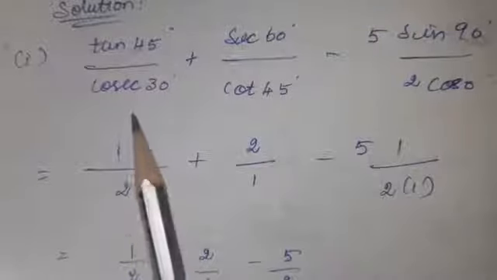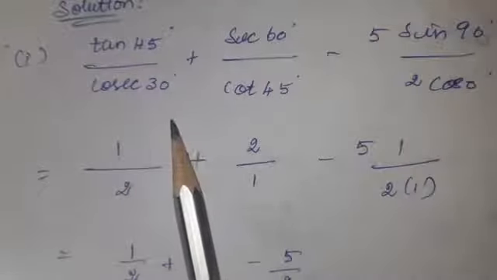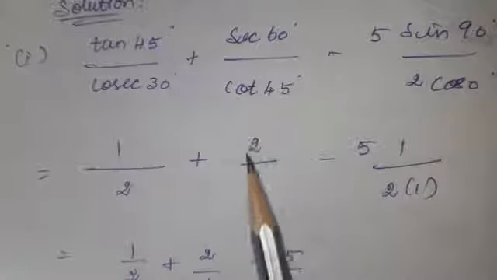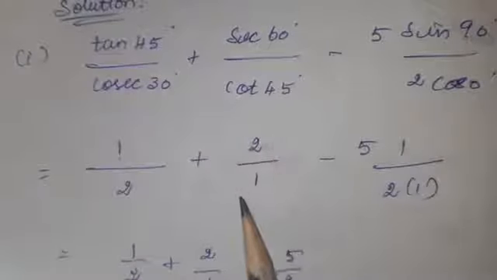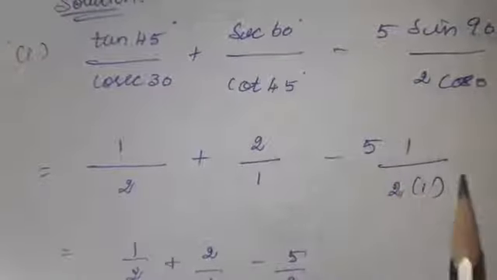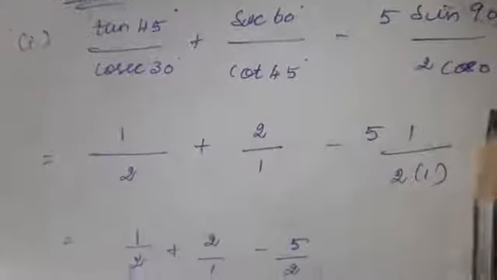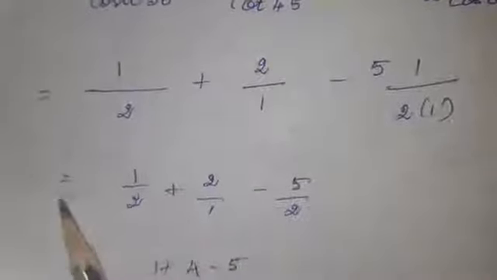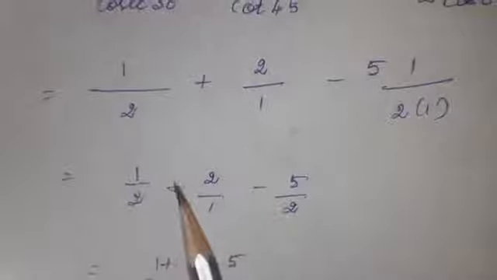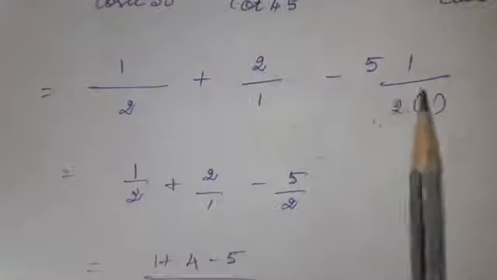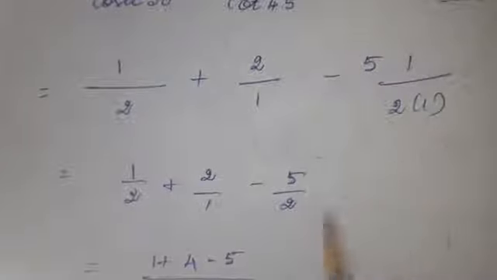Tan 45 degree value is 1 divided by cosecant 30 degree value is 2 plus secant 60 degree value is 2 divided by cot 45 degree value is 1 minus 5 into sin 90 degree value is 1 divided by 2 into cos 0 degree value is 1.